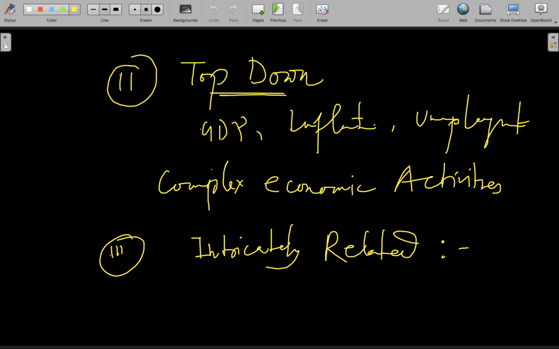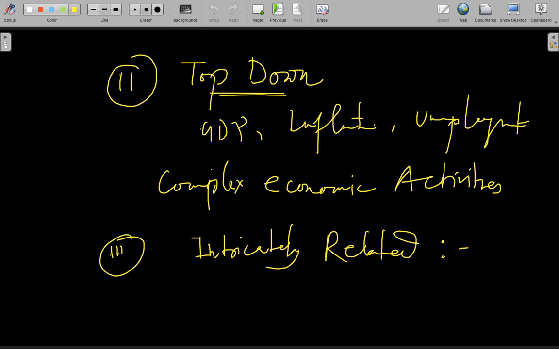And how much to save is actually decided by the prevailing interest rate in the country. If the interest rate is high, households would like to save more because the return on that saving is going to be high, and the interest rate is going to be high if the economic scenario is in general good, and there are a lot of investments happening. There is a need for capital, and the interest rate automatically gets high.